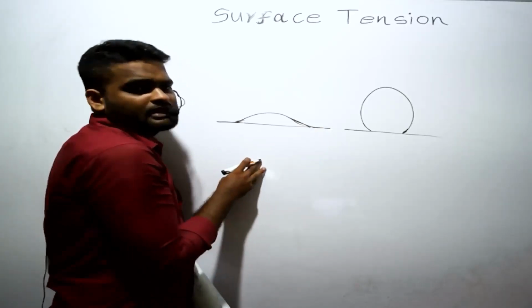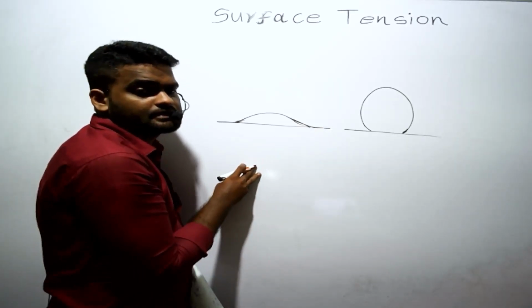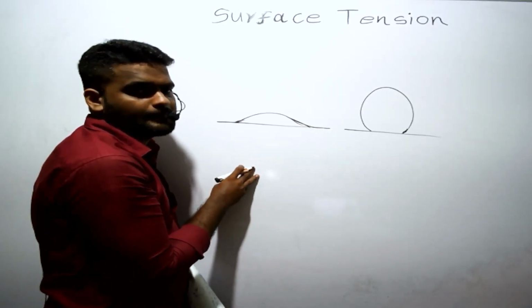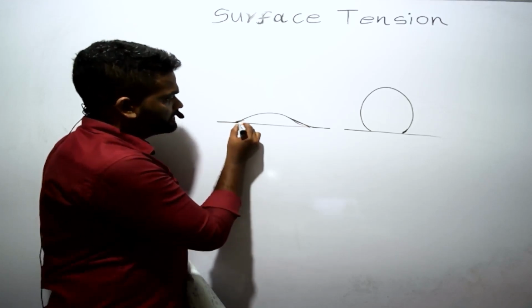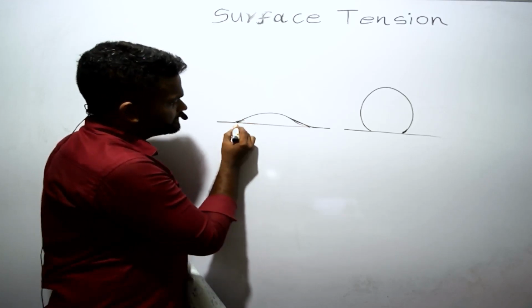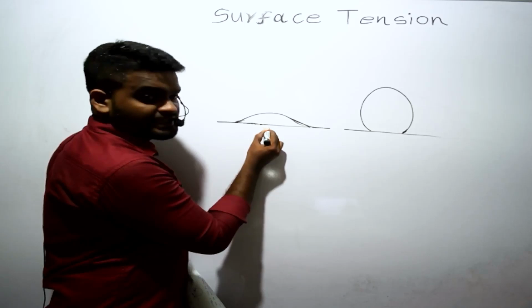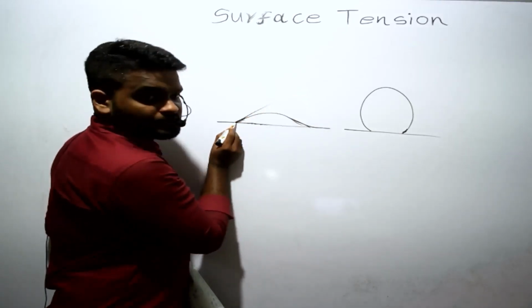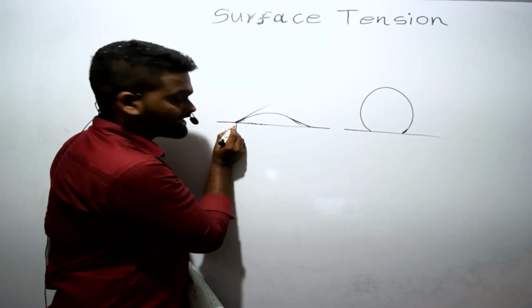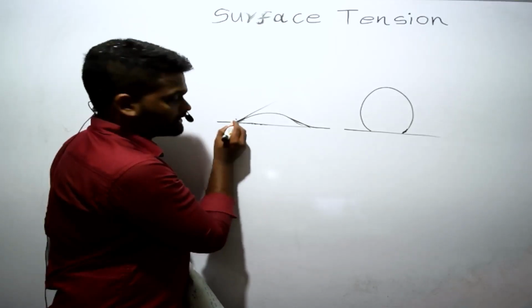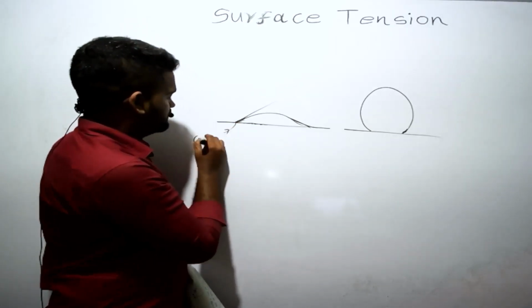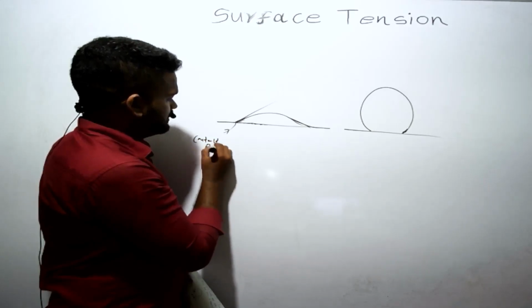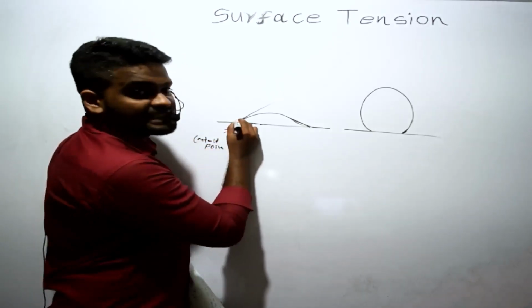So what we are talking about is contact angle. What is contact angle? You draw a line like this. Then you draw a tangent at this point. We call this the contact point. You draw a tangent to the liquid surface at the contact point.